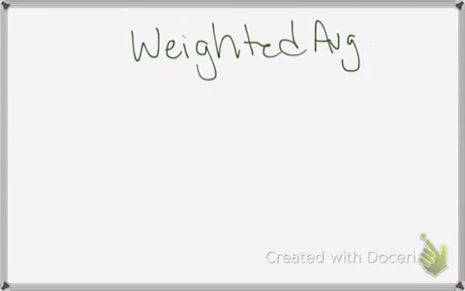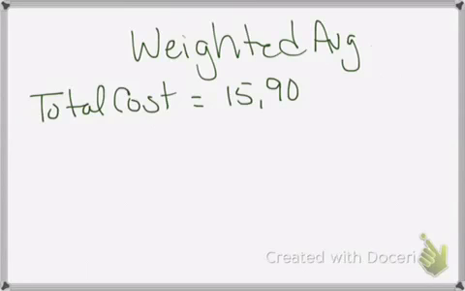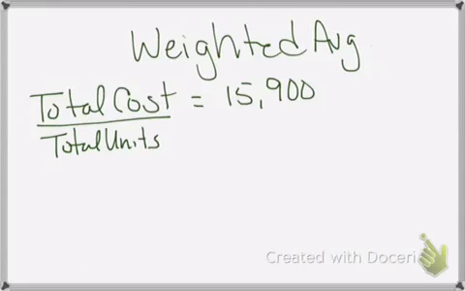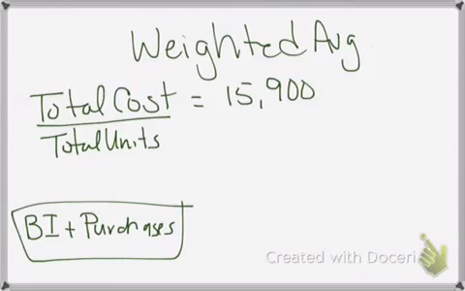So under the weighted average, you're going to take the total cost, which we found to be 15,900. You are going to divide that by the total units. Now, that total units is going to be the beginning inventory plus any purchases. So those are the total units available that we have out there.